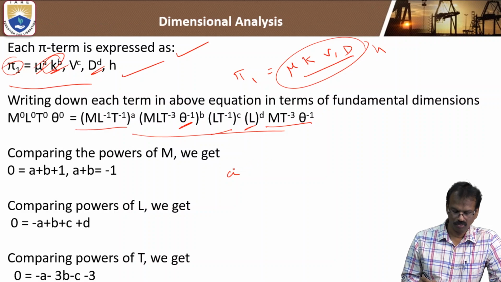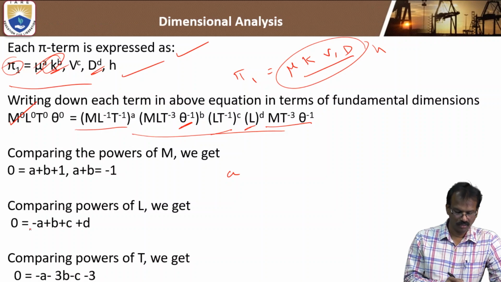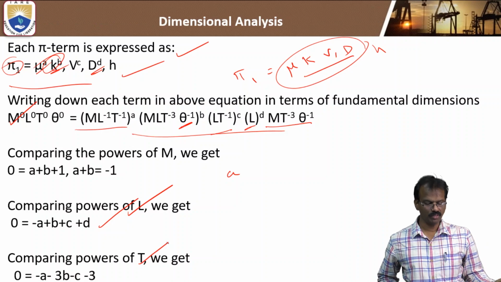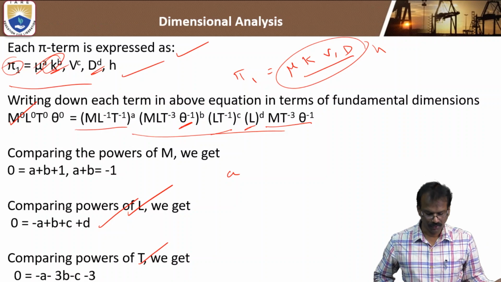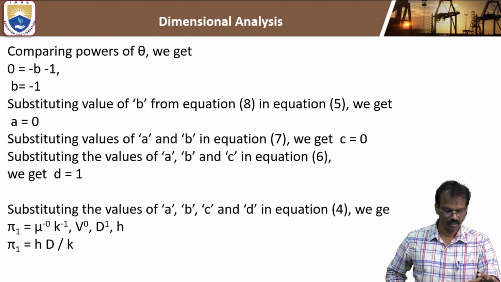First take the powers with respect to mass and equate them, then compare the powers of the length, then you can find the equation, then compare the powers of the time and the theta, then you can find the a, b, c values, then you will get the final formula.